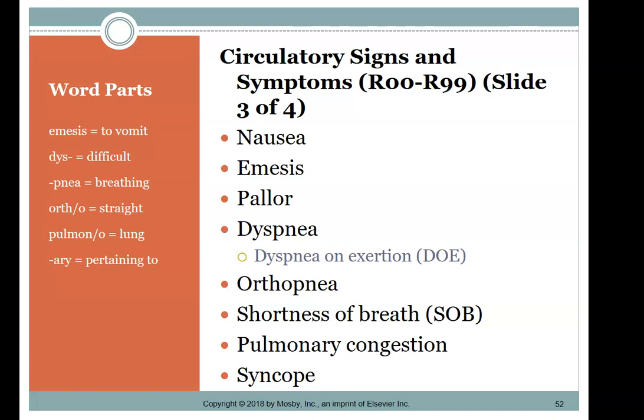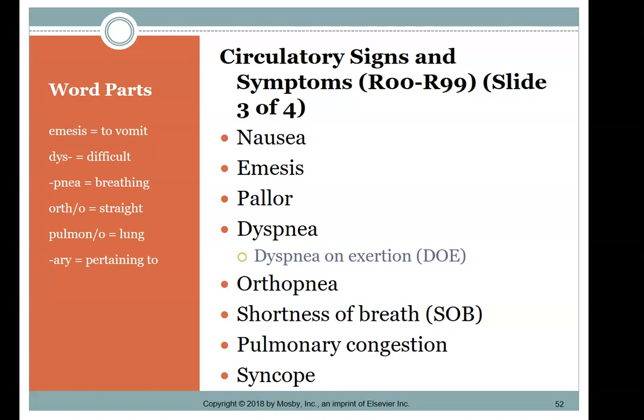Dyspnea. Dyspnea is difficulty and or painful breathing. If it's DOE, that means it's experienced when effort is expended. Orthopnea is difficulty with breathing, relieved only when the patient is in an upright position. Shortness of breath, or SOB, is breathlessness or air hunger.